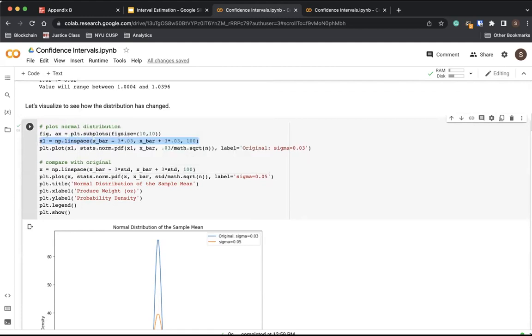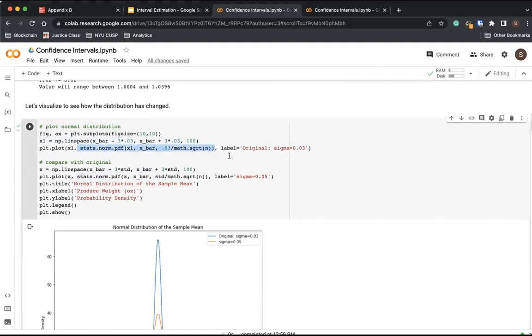So I just said, give me 100 values that go from the mean minus 3 standard deviations to 3 above. So this was that original. That's why I used 0.03 rather than 0.05. And then take a normal distribution from this.